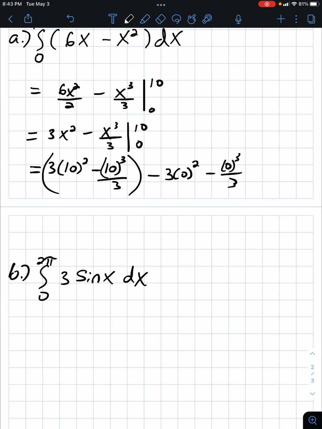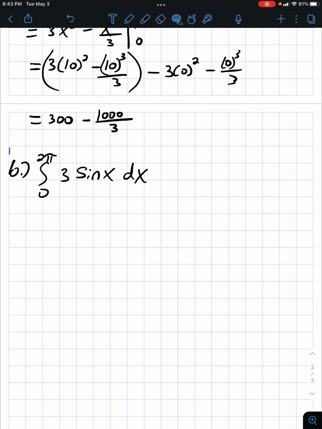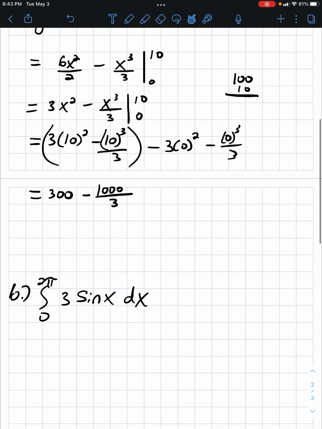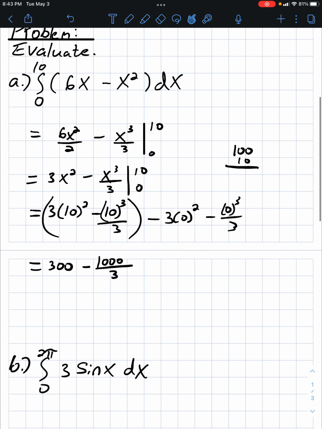Let's see, this is going to be equal to 300 minus, 10 squared is 100 times 3 is 300, minus 10 cubed, which is 1,000, divided by 3, minus 0. So this is going to be equal to, that's not going to work. Nope. I gotta rewrite this problem.